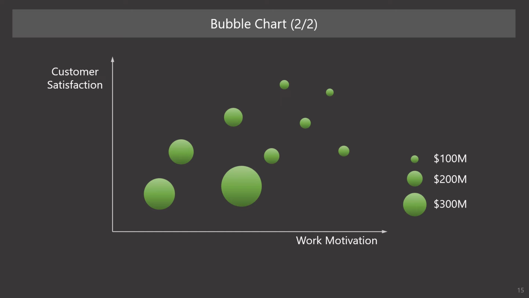As we can see, in this company, large branch offices are low in both work motivation and customer satisfaction. These large branch offices may significantly drag down the company's overall performance. From a bubble chart, we can obtain insights that cannot be seen in an ordinary scatterplot.